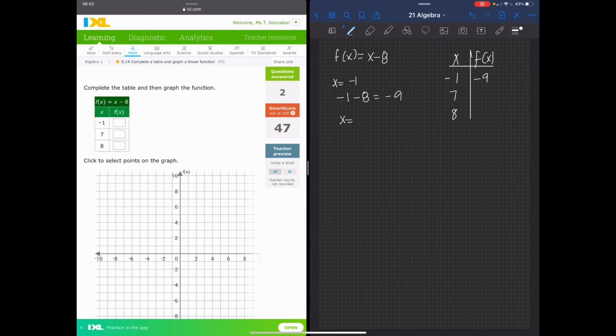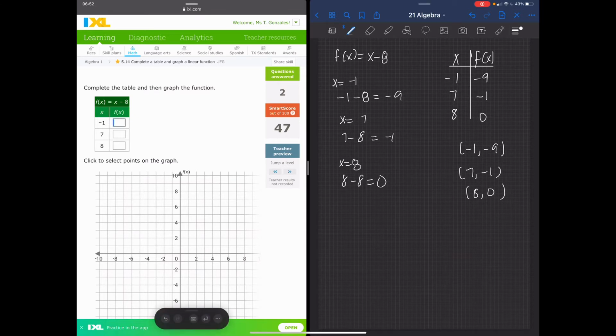X equals 7, so 7 minus 8 equals -1. And then x equals 8, so 8 minus 8 equals 0. So those are our points, -1, -9, 7, -1, and 8, 0.